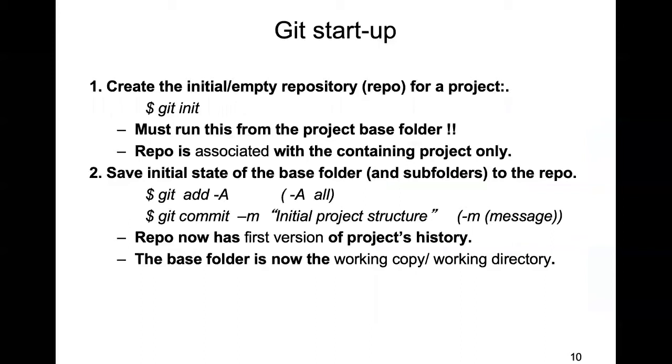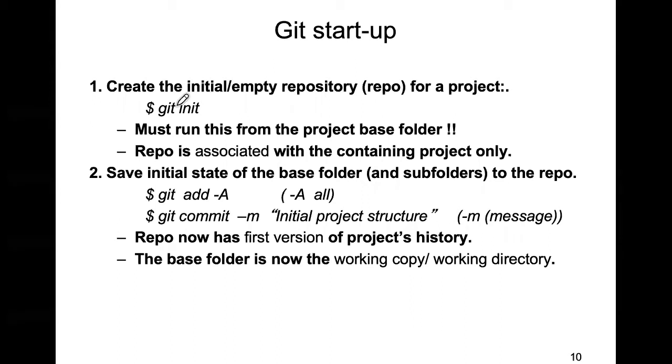So I'll finish on this slide. I've got this project and I want to maintain a Git repository in parallel with it. The steps simply are, you go to the base folder of the project, and your project at this stage has some files and folders in it initially. If you type that command from the command line, it will create the .git subfolder. In other words, it's going to create an empty repository.